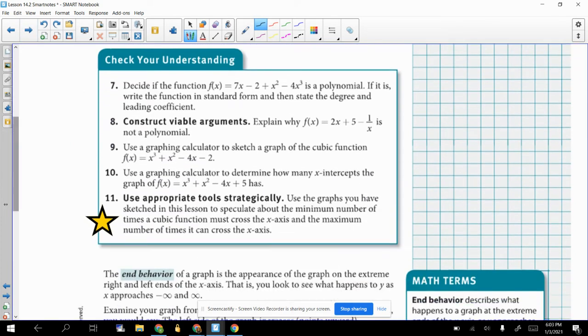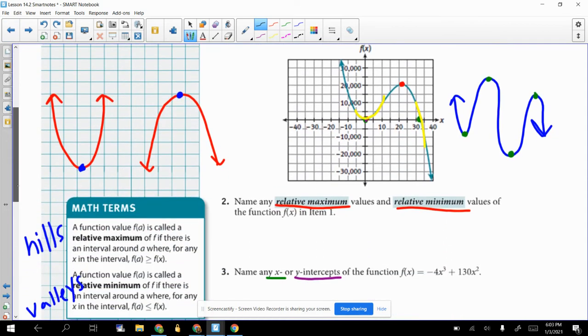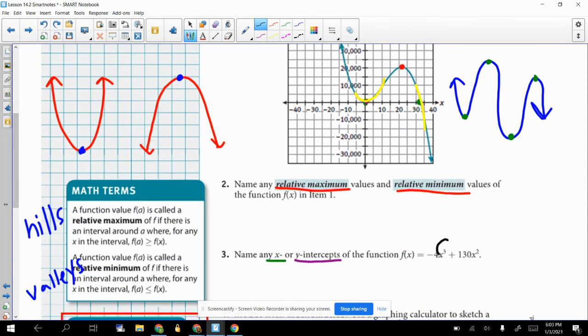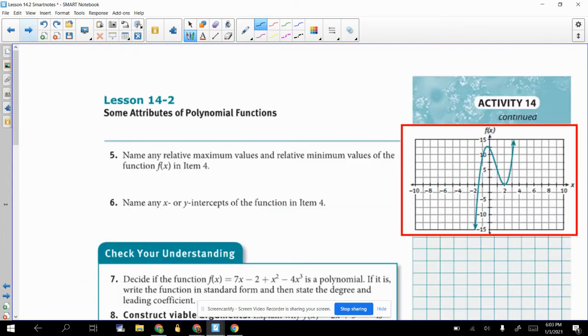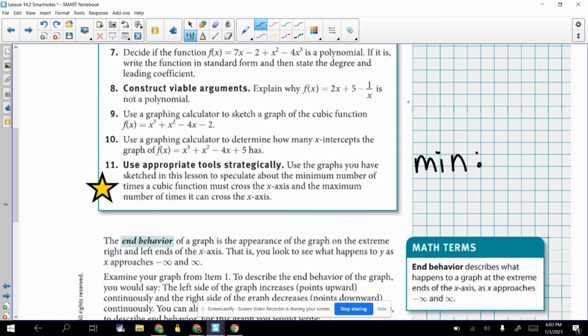So I would say that the minimum number of times that those functions, and I don't know if you guys caught this, both of those were actually cubic functions. So it was negative 4x cubed and 2x cubed. Okay, so that was the degree, both degree 3.